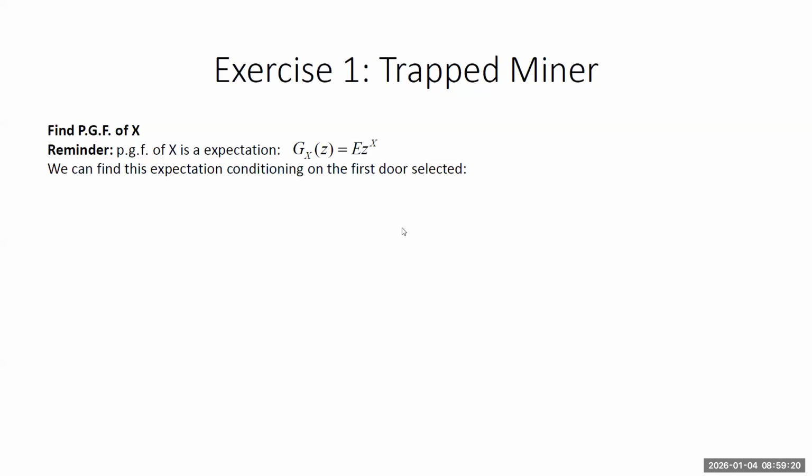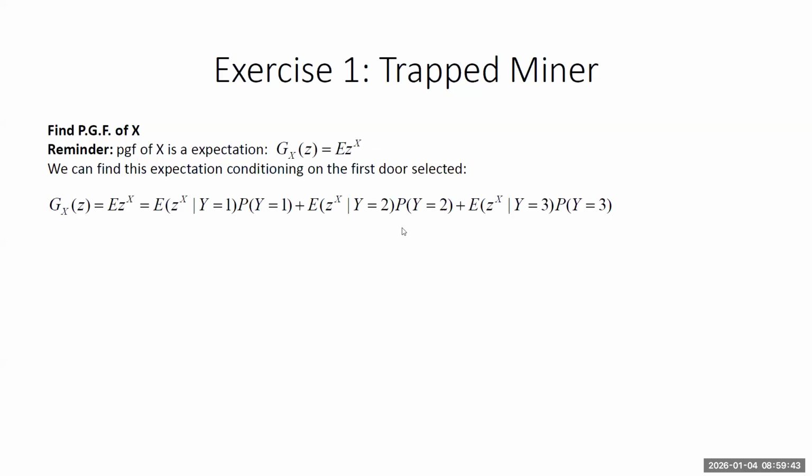It is defined for integer non-negative random variables only. In our question, x is an integer non-negative random variable. Why is it non-negative? Because it's the duration of traveling. Why is it integer? Because each of the doors leads to a tunnel of 3, 5, or 7 kilometers. How can we find this function?